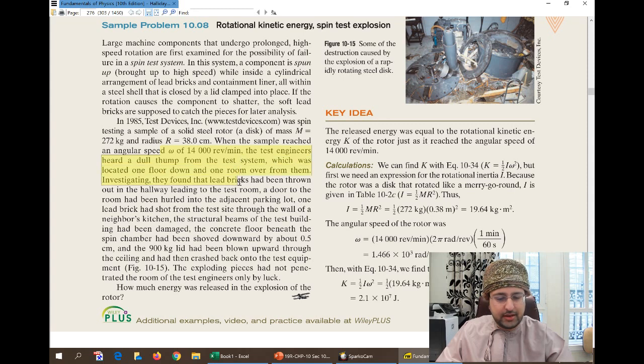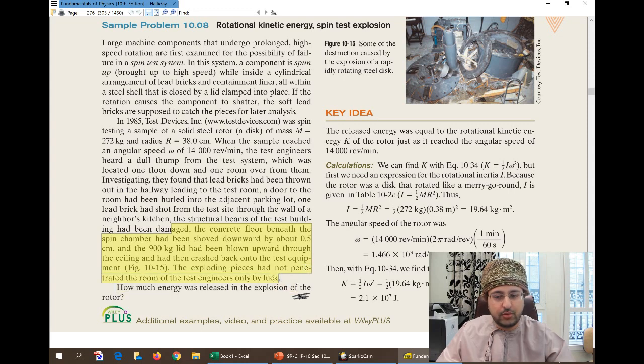They found that lead bricks had been thrown out in the hallway leading to the test room. So loads of energy, things were broken down. The concrete floor beneath the spin chamber had been shoved downwards by about 0.5 centimeters, and the 900 kilogram lid had been blown upward through the ceiling and then crashed back onto the test equipment. The exploding pieces had not penetrated the room of the test engineers, only by luck.